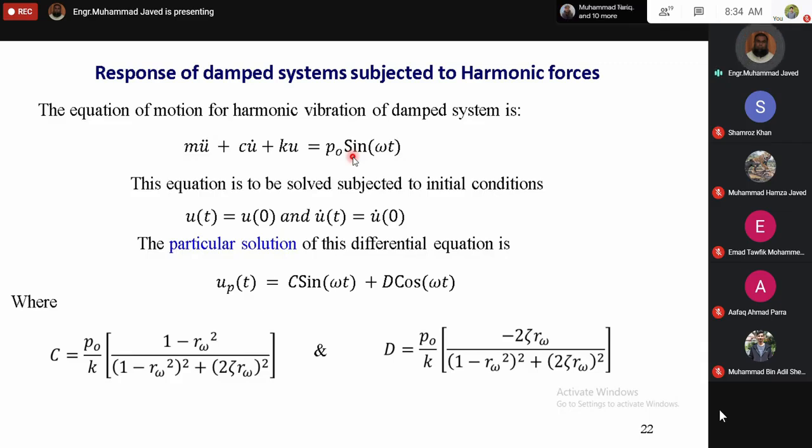And the particular solution for this equation is of this type, in which C and D can be calculated by the equations provided below.